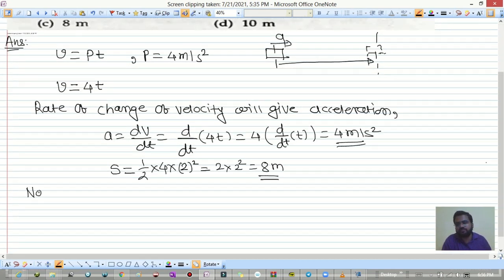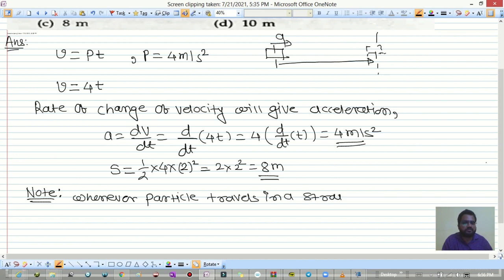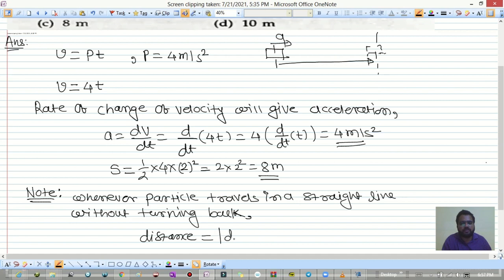Note, whenever a particle travels in a straight line without turning back, in this case we can say distance is exactly equal to the magnitude of displacement.